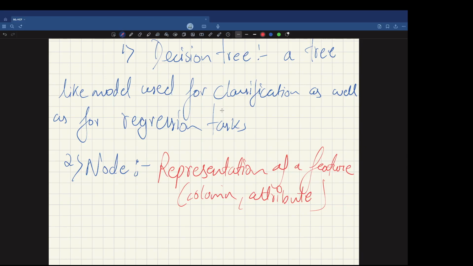Then third is the edge, or we can call it a branch also, like a tree has branches. So what is an edge or branch?